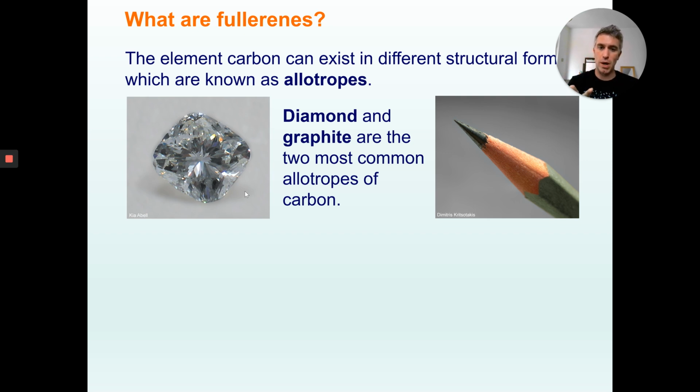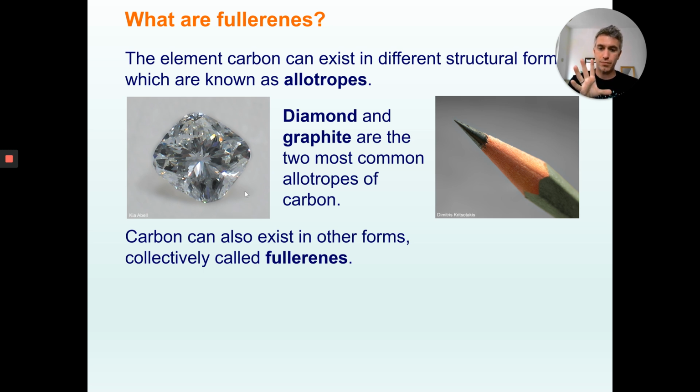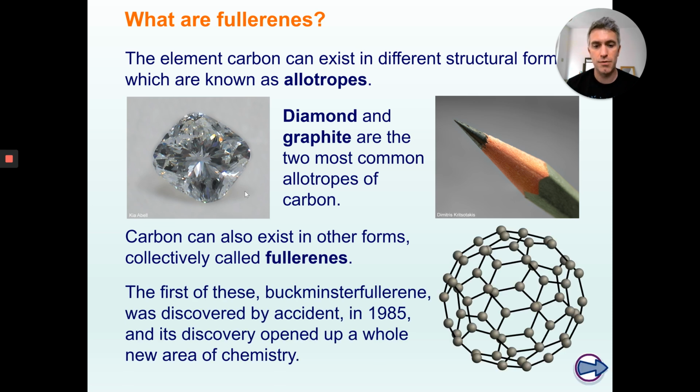So they're quite common, but actually there are other ones called fullerenes, which is what today is all about, and we're going to introduce you to some different fullerenes. They're closer to graphite than they are to diamond, I suppose. The first one of these was called the Buckminsterfullerene, discovered in 1985. And that's what it looks like.